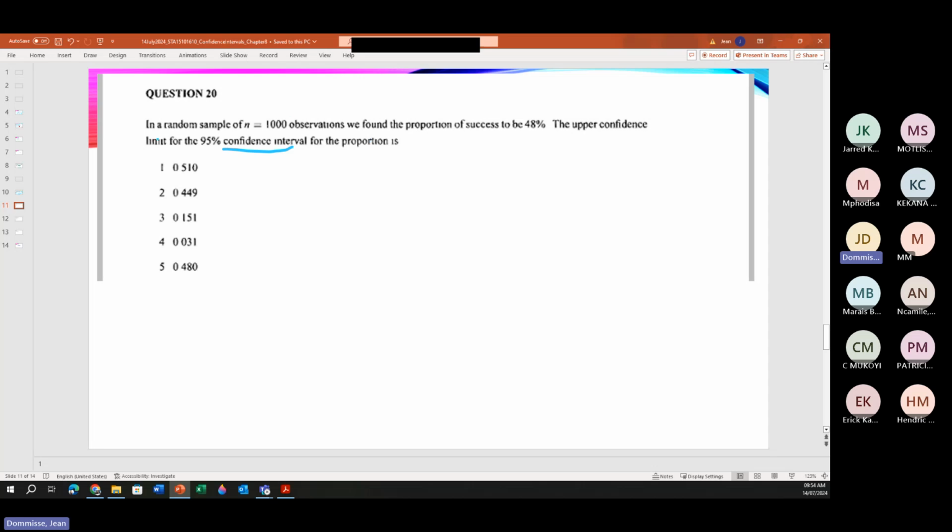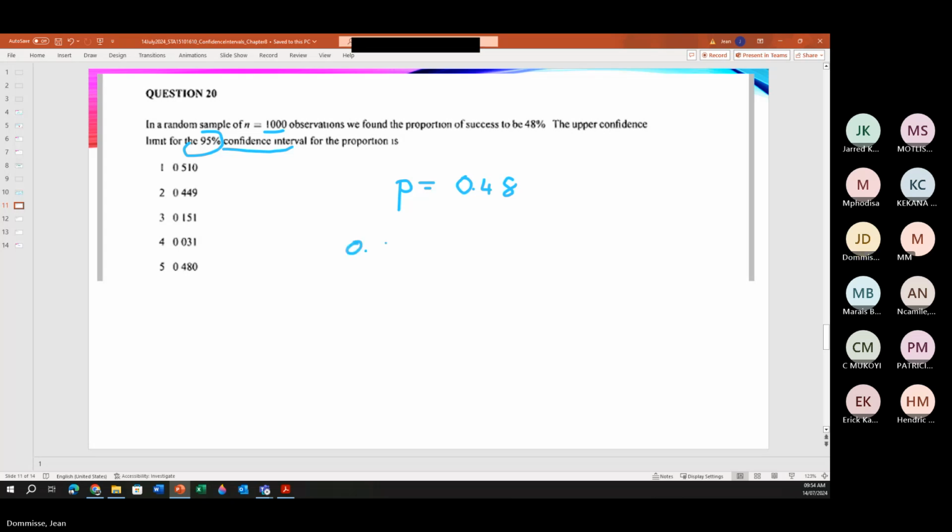So in a random sample of n equals 1,000 observations, we found that the proportion of success is 0.48. Okay, so that is your P. The upper confidence limit for the 95% confidence interval for the proportion is.